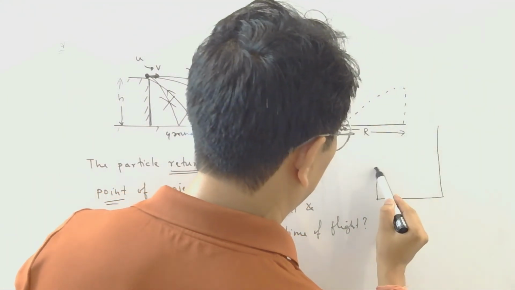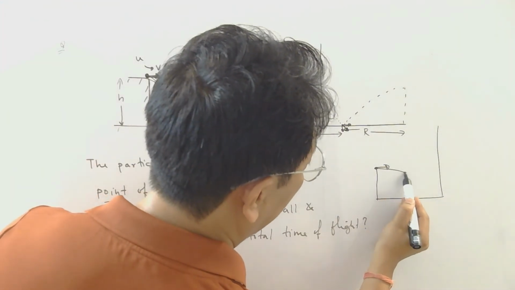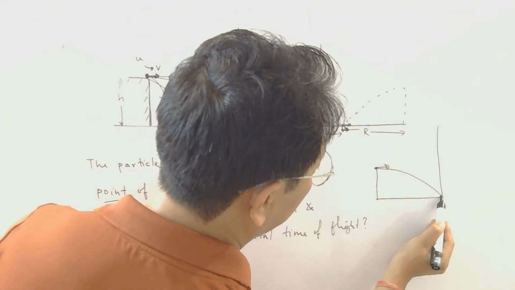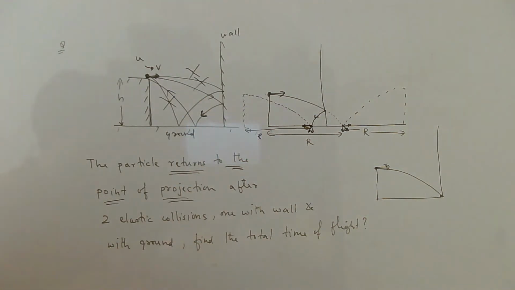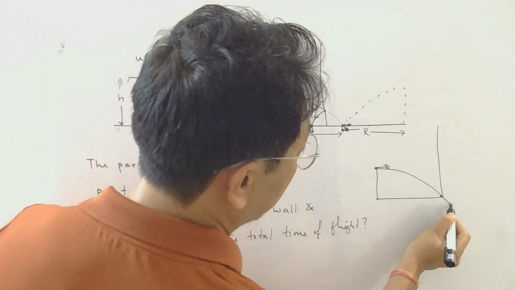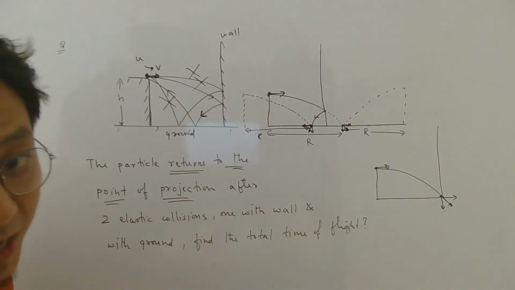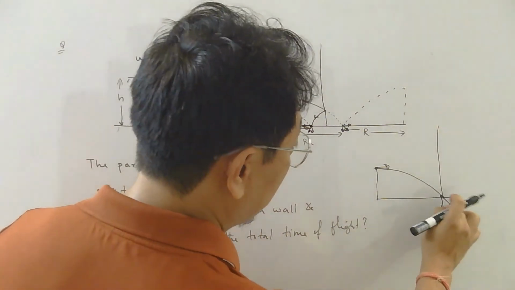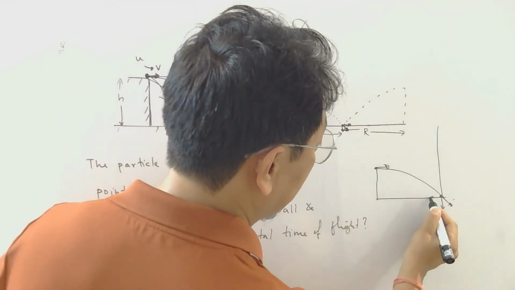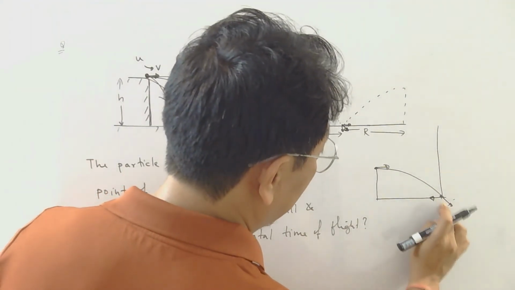So the only way this is possible is, I think you may have guessed, that it must hit exactly the corner. When it hits the corner, it has velocity before hitting this way. These are the x and y components, right? After hitting, due to this wall, this velocity will be reversed, and due to this floor, this velocity will be reversed.